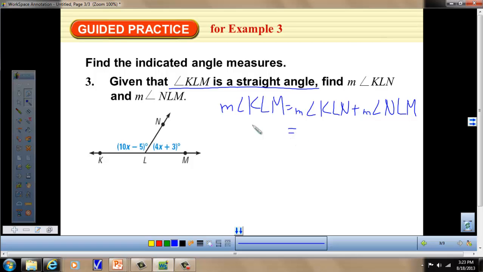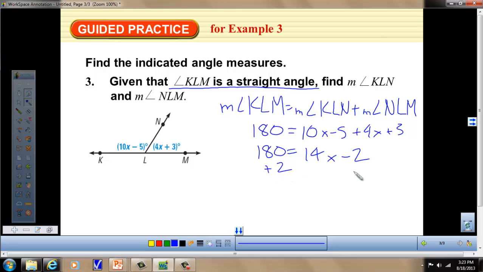So right now we know that 180 is equal to 10x minus 5 plus 4x plus 3. We're going to combine like terms on the right-hand side. If we do that, 10x and 4x gives me 14x. A negative 5 and a positive 3 gives me a negative 2. So we're going to add 2 to both sides.